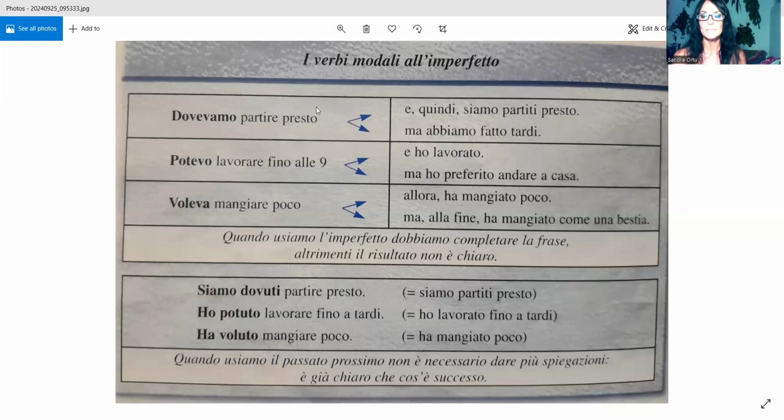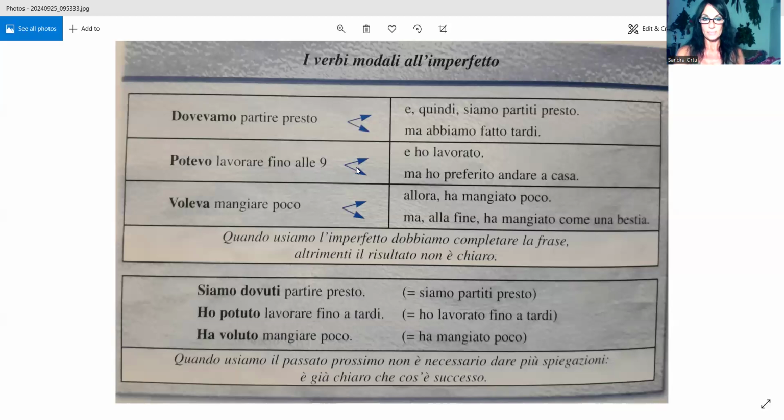So you can be a little bit creative with the translation, as long as obviously the information is accurate. If you say we were supposed to leave early, I still don't know what the outcome is. So when we finish the sentence, we know what did happen. In the first option, and so we did leave early. The second option, however, we were late.